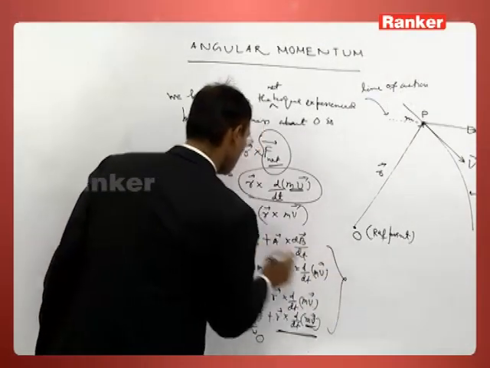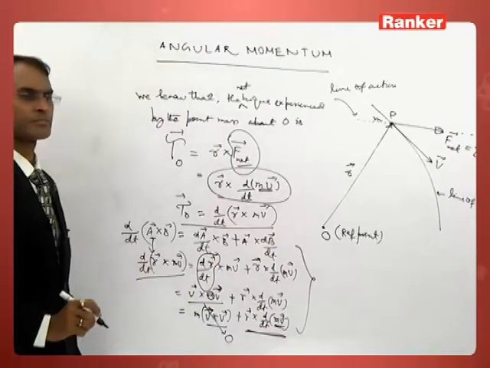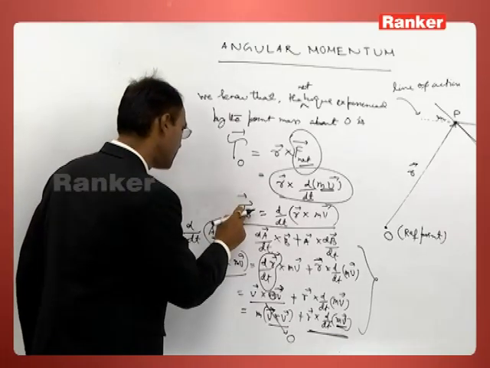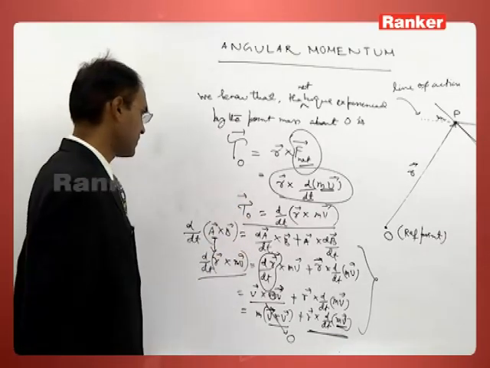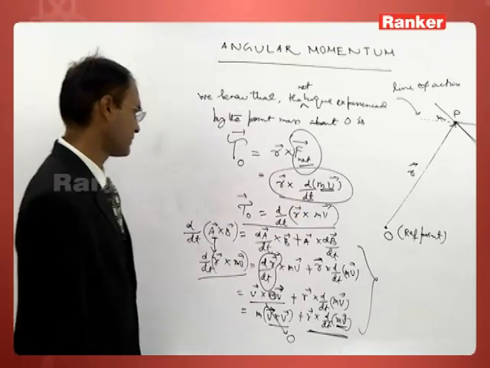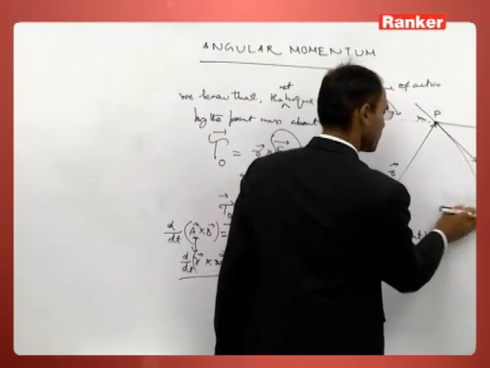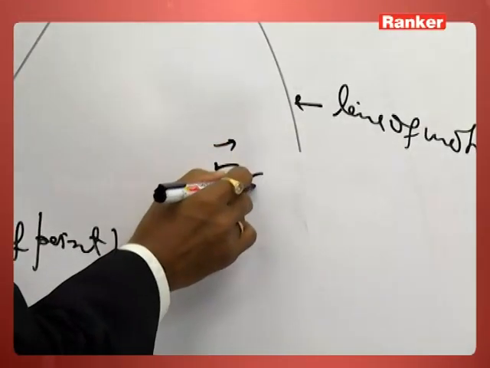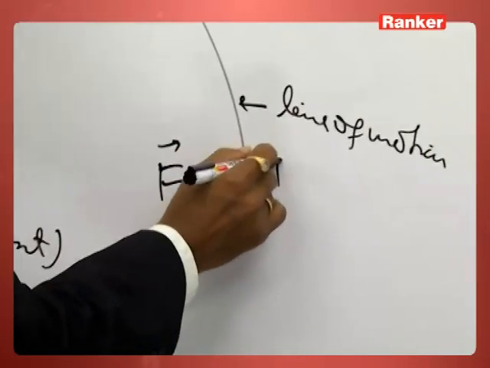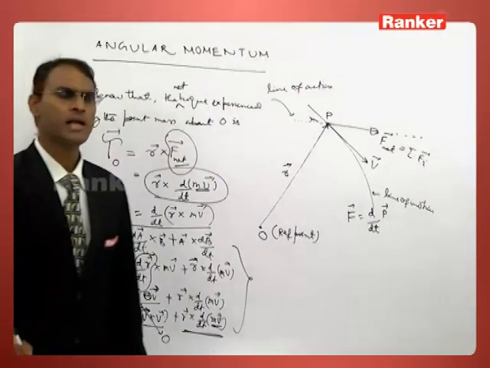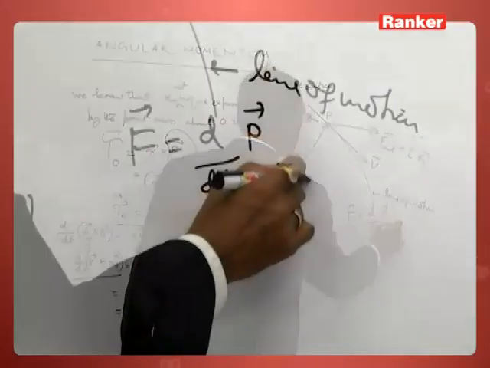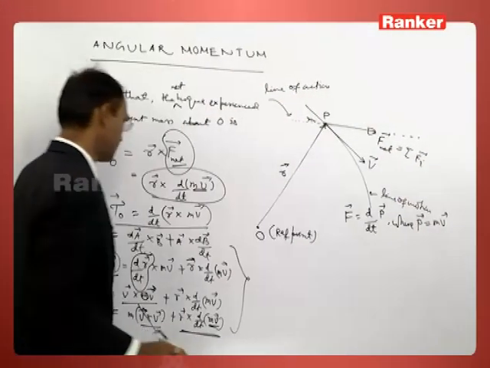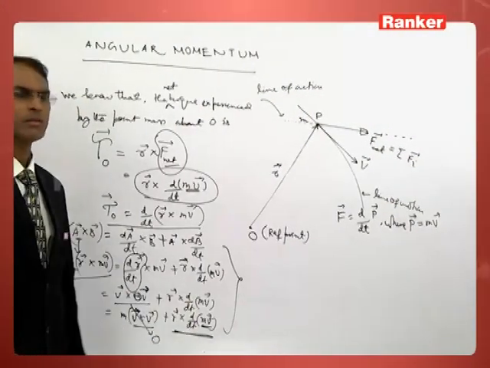After you understand this point, we are fit for further discussion. In particle mechanics, force changes something. That something is the linear momentum, where the linear momentum of the particle is equal to mass times velocity.